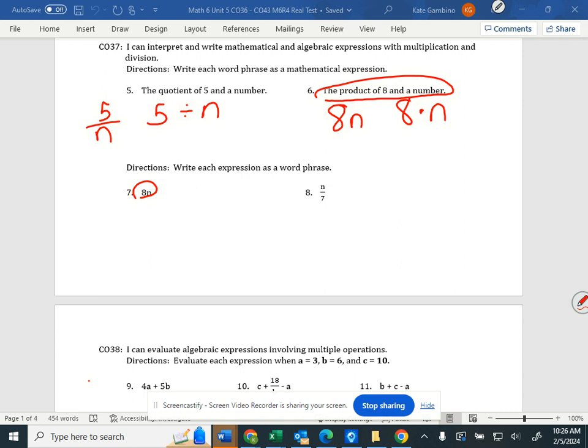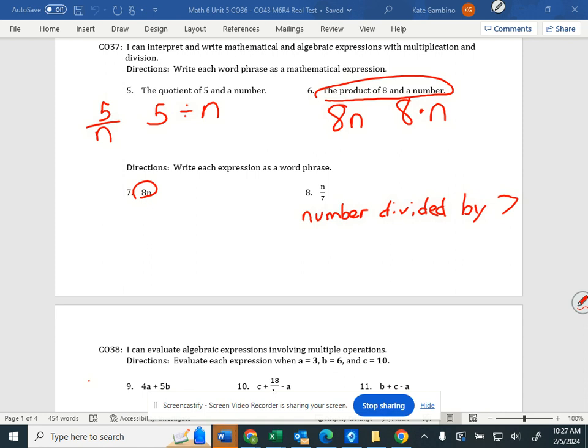That's what I did when I was doing the answer key. I'm like, oh, Mr. Schultz made this one an easy one. This one would be a number divided by 7. Again, it's very specific. It has to be the number divided by 7. If we said 7 divided by a number, it would be a very different answer.